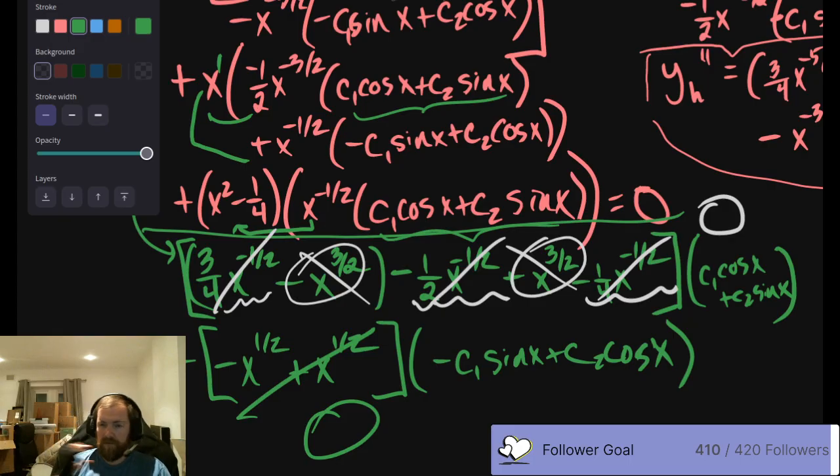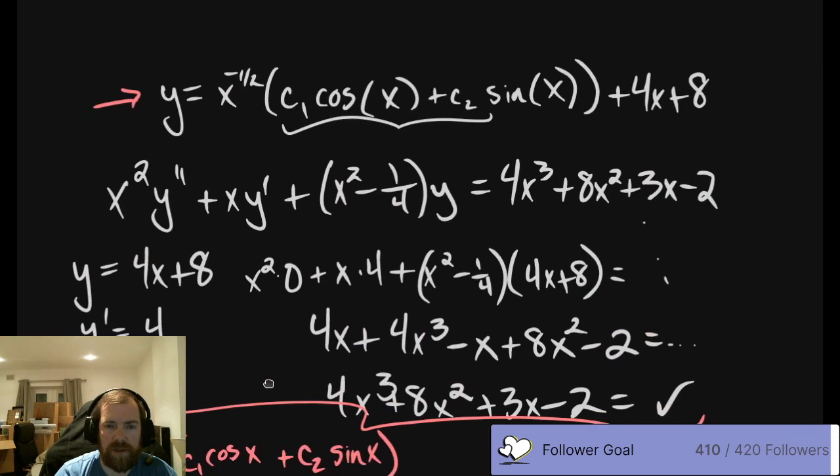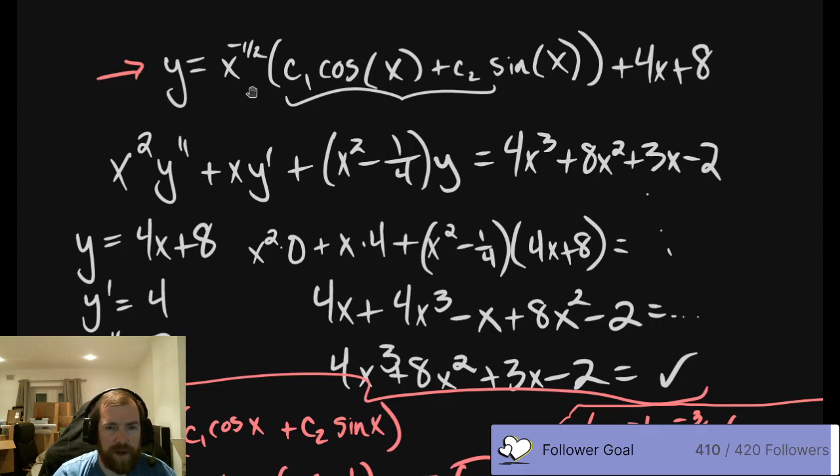for all of those possible values, which means that when we go back all the way up to the top here and we say what our total solution for this was, y equals x to the negative 1/2 times c1 cosine x plus c2 sine x, that piece is always 0 plus 4x plus 8.